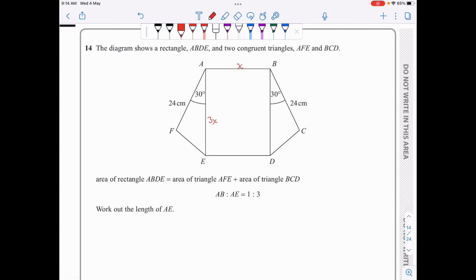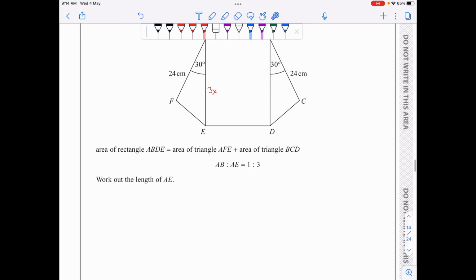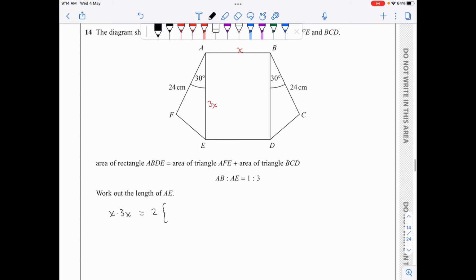And I need to work out the length of AE. So I'm going to use this relationship between areas, and we know that the area of the rectangle will be X times 3X, which is equal to the area of the two triangles together. The two triangles are identical, so it's just twice the area of triangle AFE.